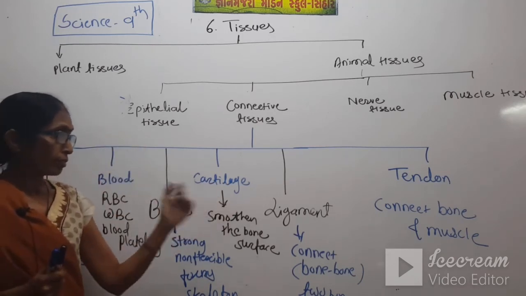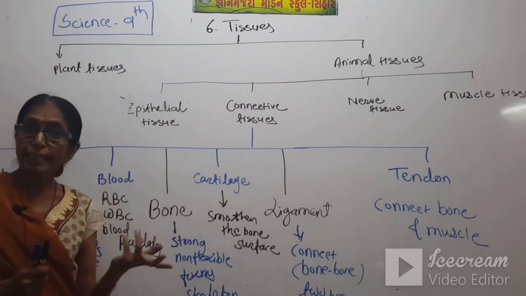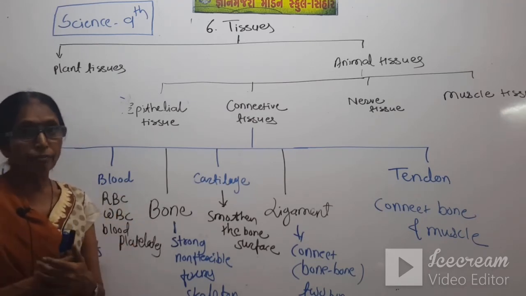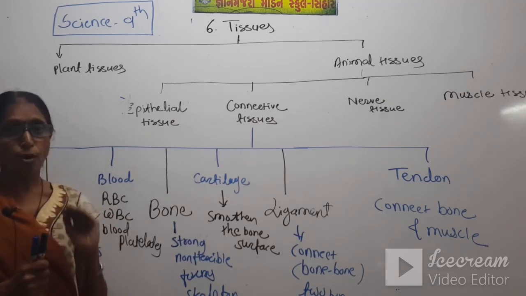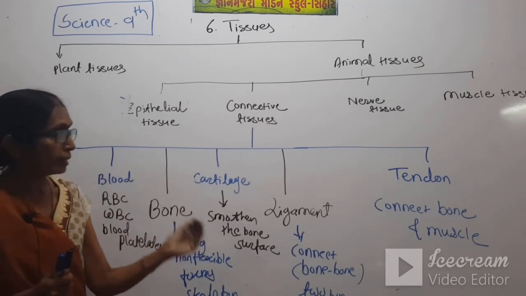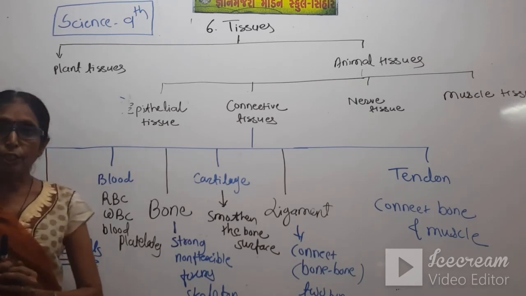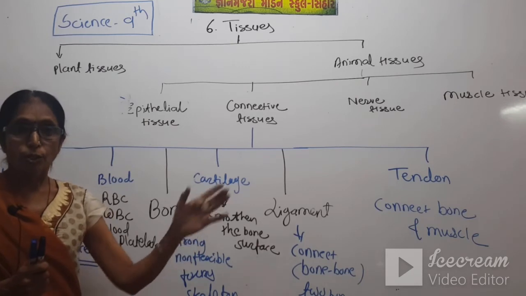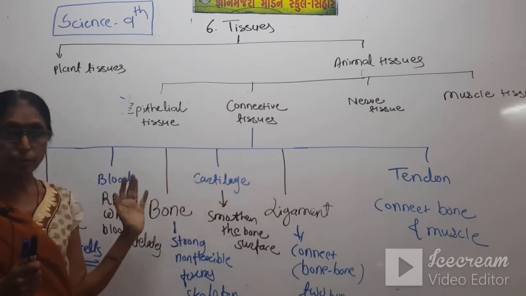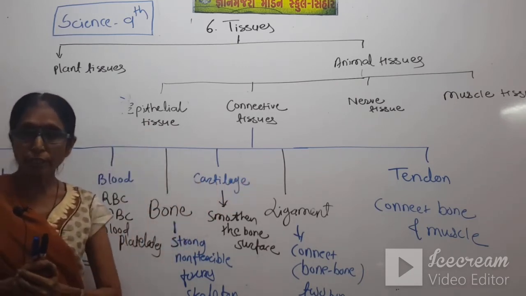What is the function of ligament, or where are ligaments found? They are found between two bones, responsible for bone to bone connection, and the tendons are responsible for connection between bone and muscle. So these are the 7 types of connective tissue, students.